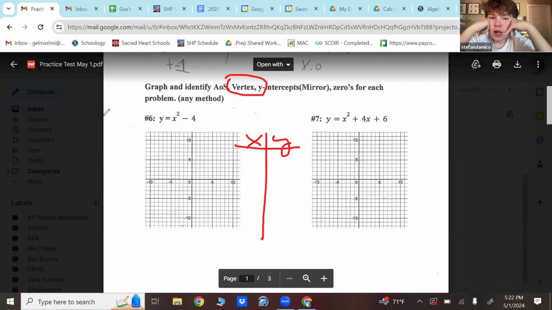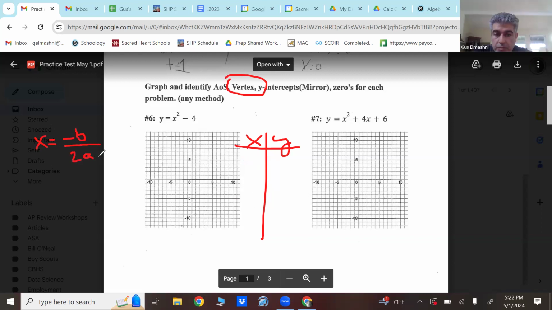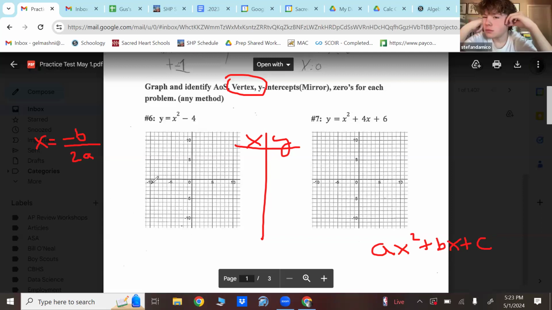To find the vertex, there's a formula that we use called -b/2a. And generally speaking, ax squared plus bx plus c is the standard form. So your b is 0, because there's no x. Your a is 1.